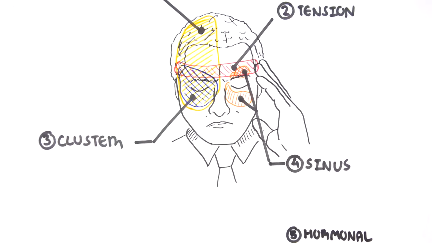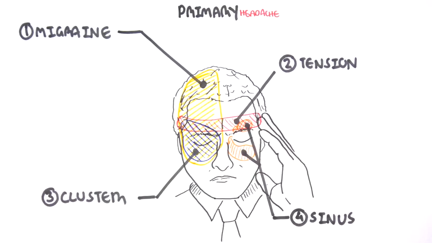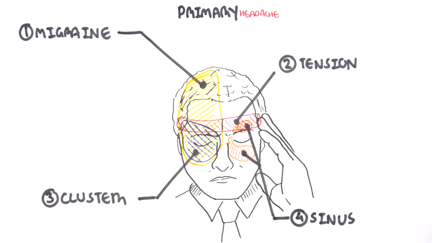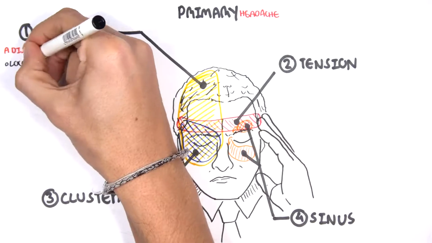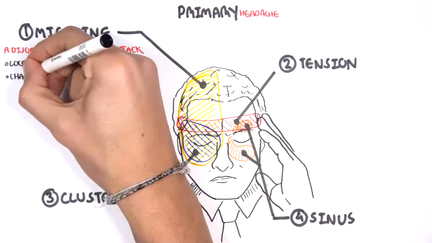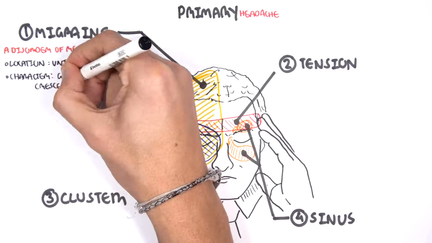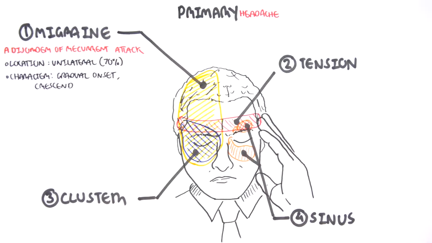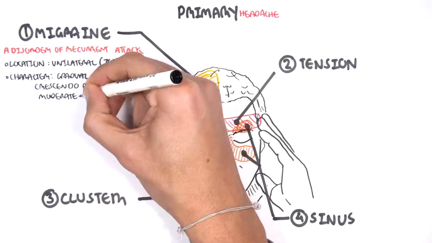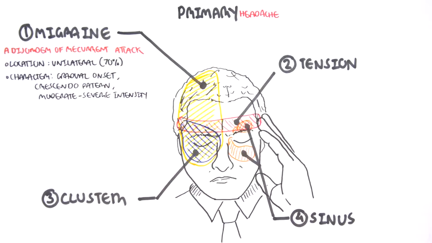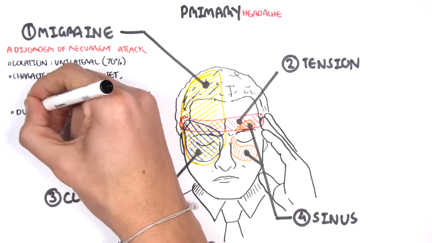So let's talk about each of these types of headaches in a bit more detail, beginning with migraine. Migraine is a disorder of recurrent attack, so it comes and goes. The location of migraine is mostly unilateral, 70%. The characteristic of the headache: it's gradual onset, crescendo pattern, which is basically increasing in intensity and frequency, with moderate to severe intensity of pain.